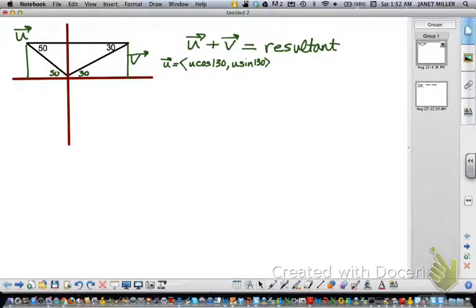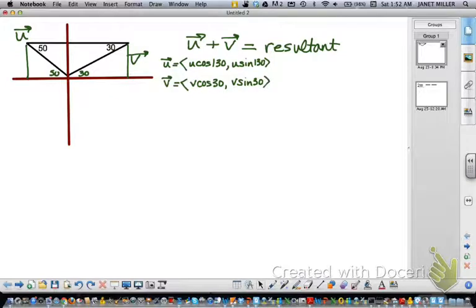Now I'm going to come back and do the same thing for vector v. And for vector v, as with vector u, we will have the hypotenuse times the cosine of 30, and then the hypotenuse times the sine of 30.